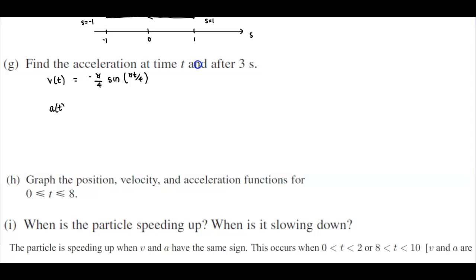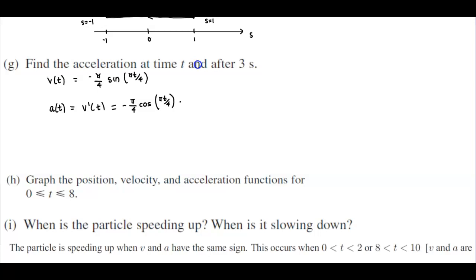And so the acceleration is the derivative of the velocity. So that means that we have -pi/4 times the cosine of pi t over 4.